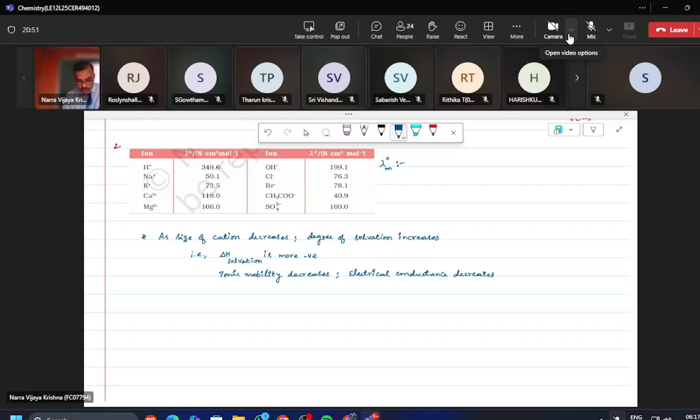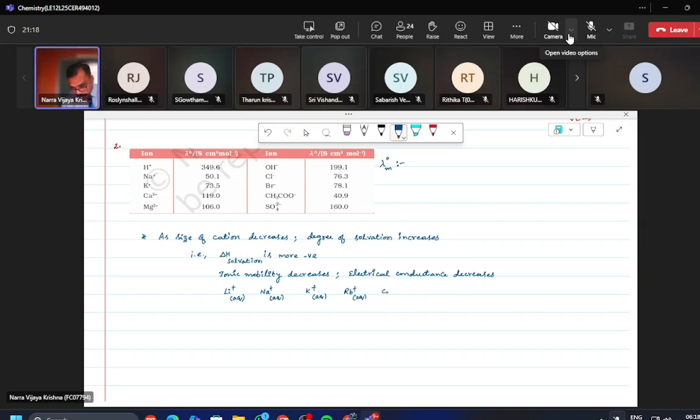Right? Among these, I am not writing Li plus, I am writing Li plus aqueous, meaning lithium along with the water molecules surrounding it. Li plus aqueous, Na plus aqueous, K plus aqueous: lithium, sodium, potassium, rubidium, cesium.